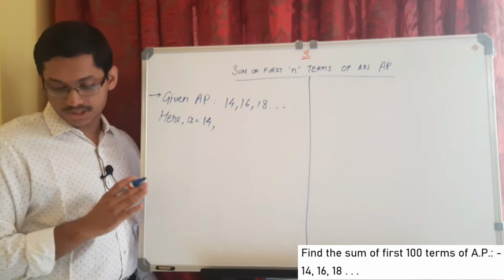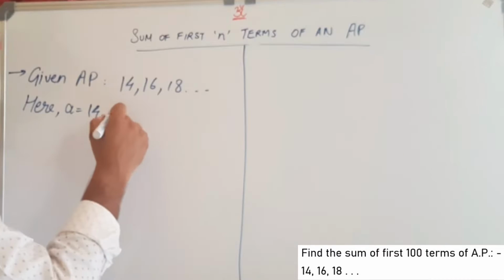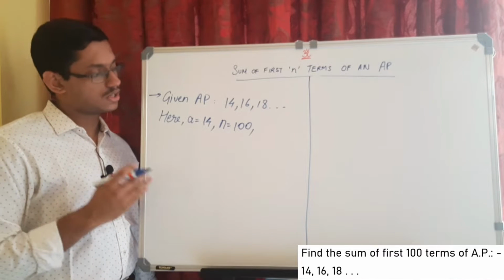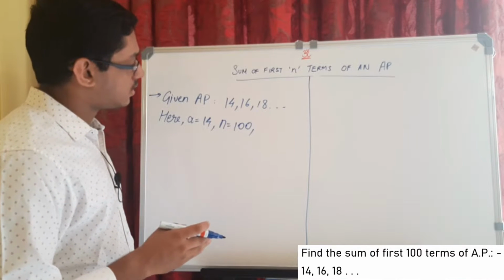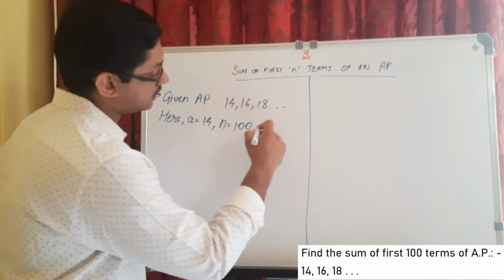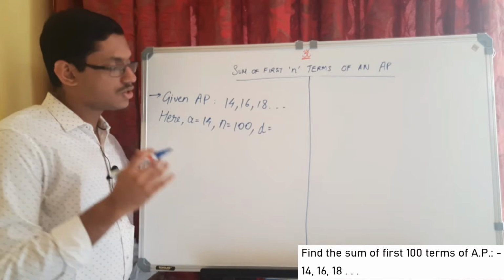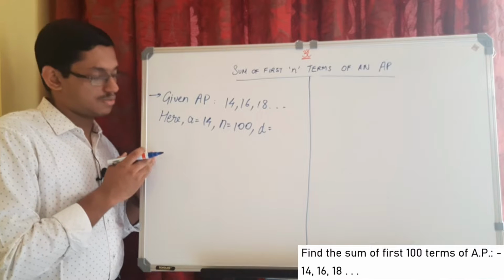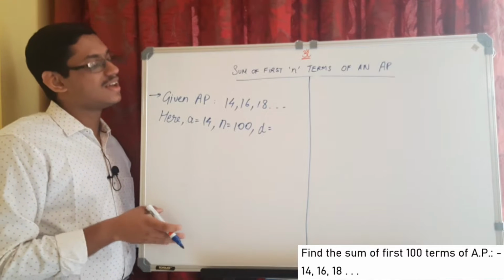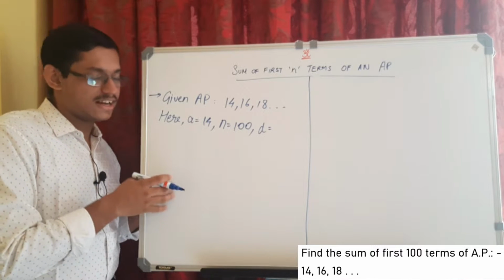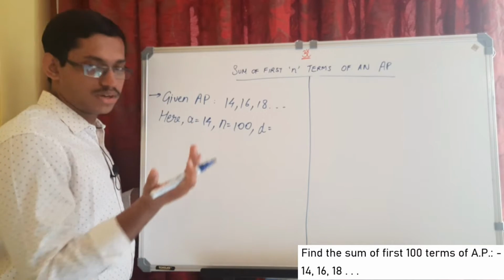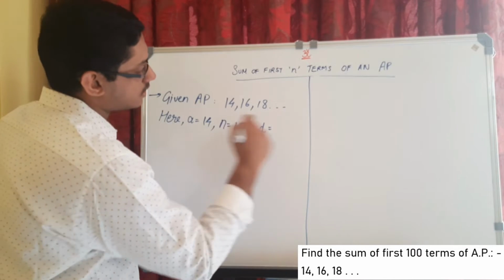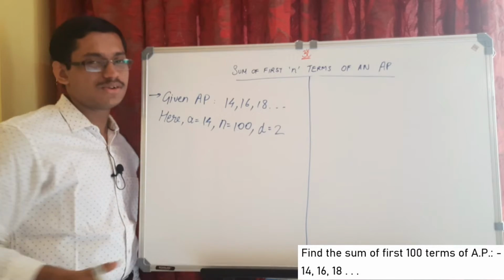Here n is given, sum of first 100 terms. So, n is equal to 100. And what is the d given? Yes, d. Here you don't have to show it separately by subtracting 16 minus 14, then 18 minus 16. No, you know what the difference is. By seeing, you can infer the difference. So it is 2. By seeing only we can say it.